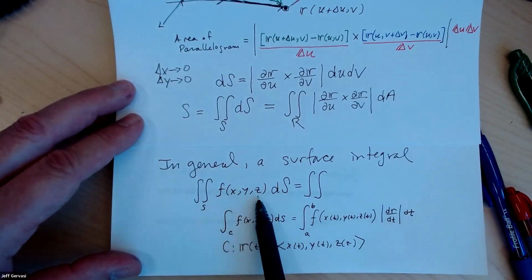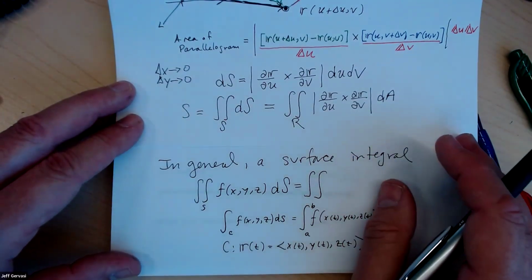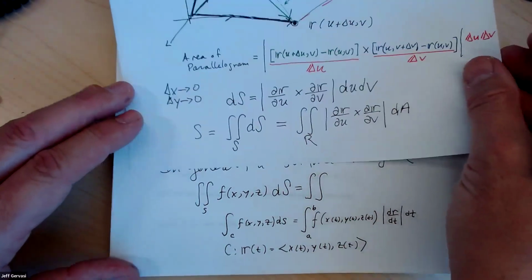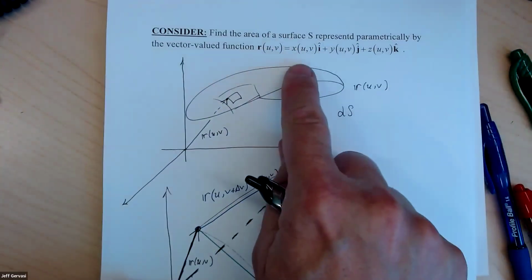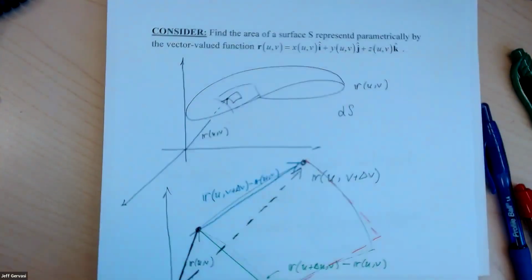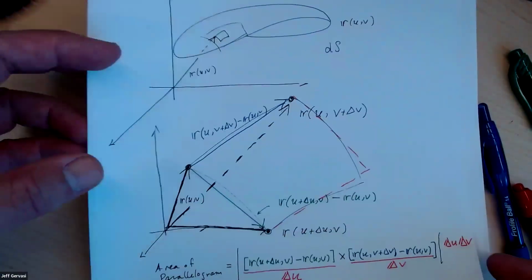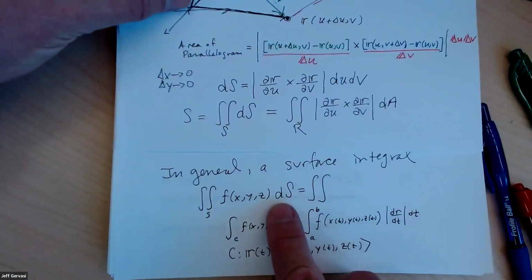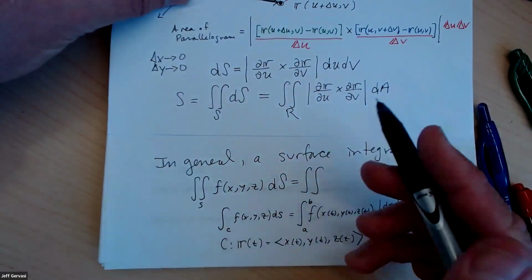Well, a general surface integral is no different. Just our surface this time is given parametrically, right? Remember, our surface S is given parametrically by these components. So our general surface integral here is going to look like this.